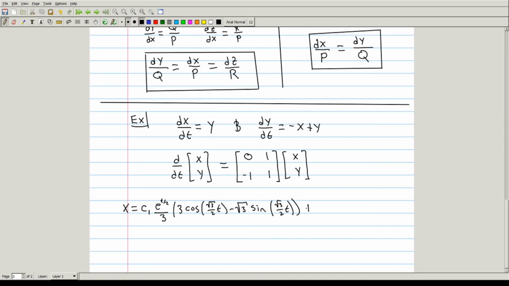plus c2 times 2 over the square root of 3 e^(t/2) times sine(√3/2 t).